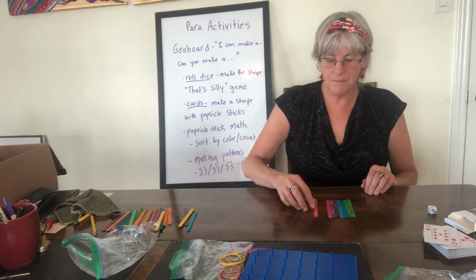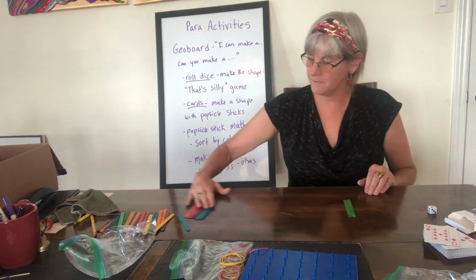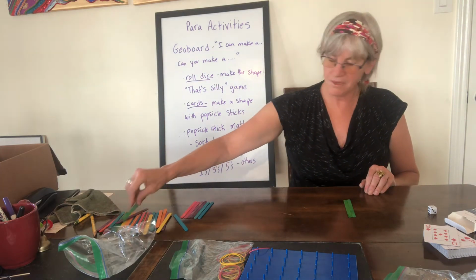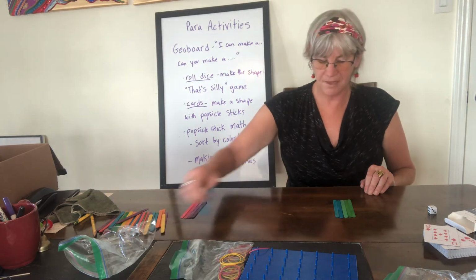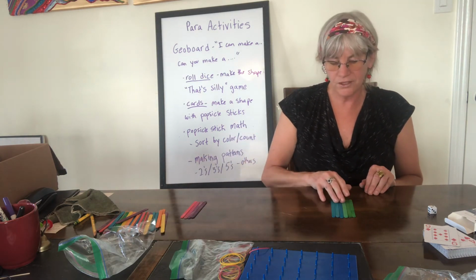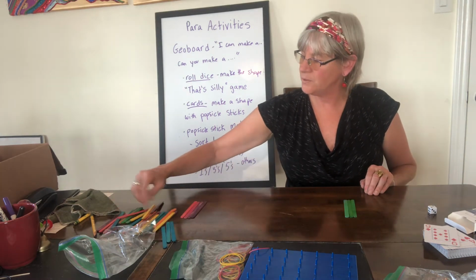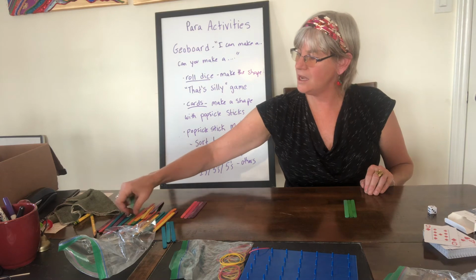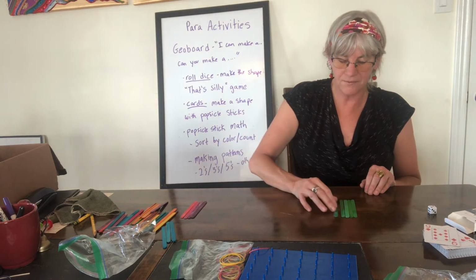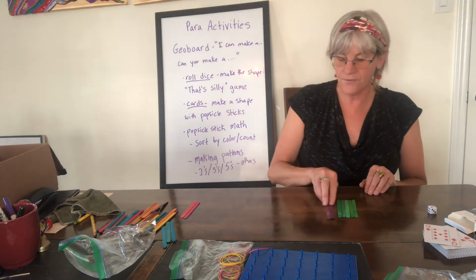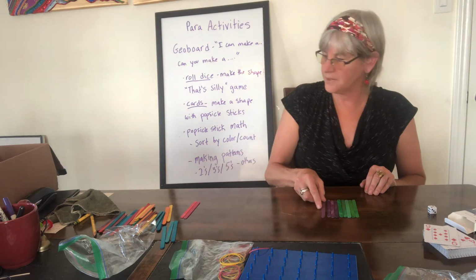And then they're going to try making a pattern with 3s, 3 of each color, skip counting by 3s. They also will be encouraged to skip count by 5s, and we need to learn how to do that so we can tell time. So we're practicing skip counting by 5s: 5 greens, 5 purples, and so on.